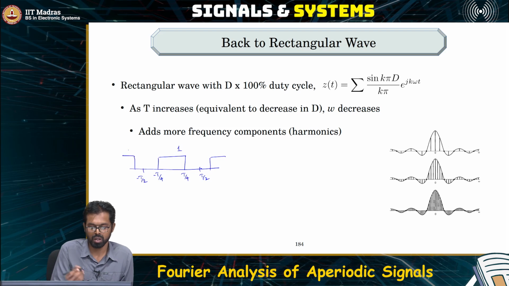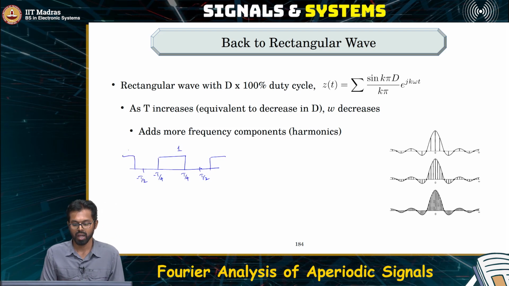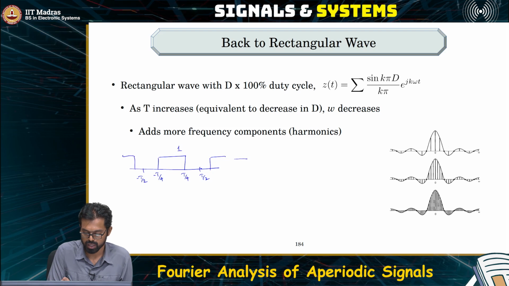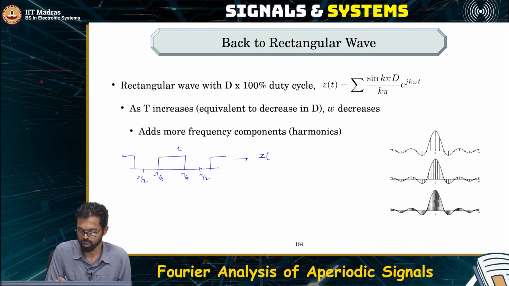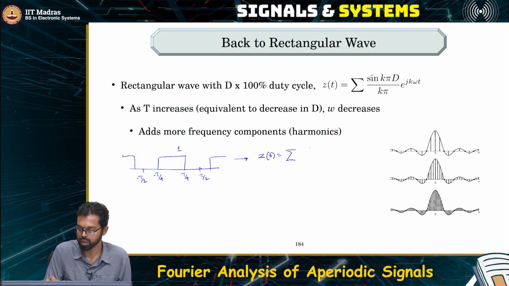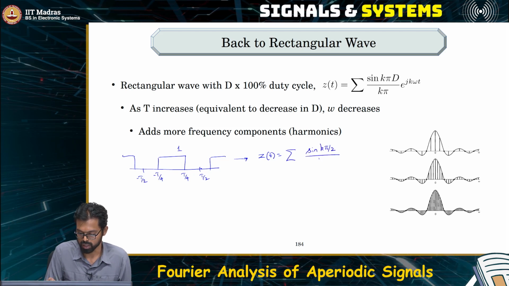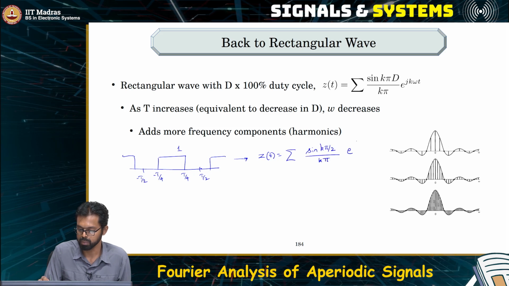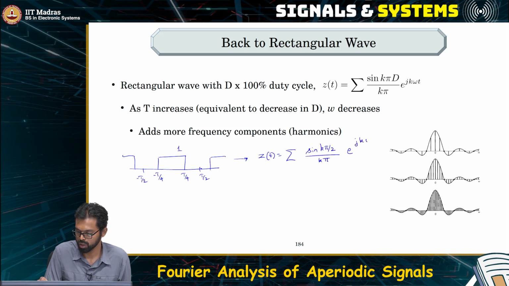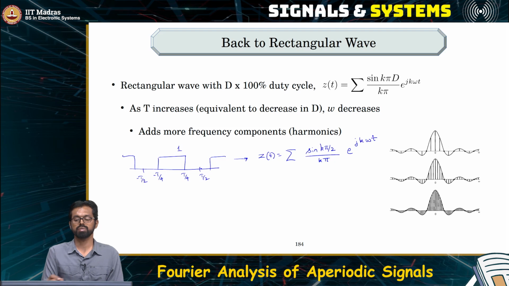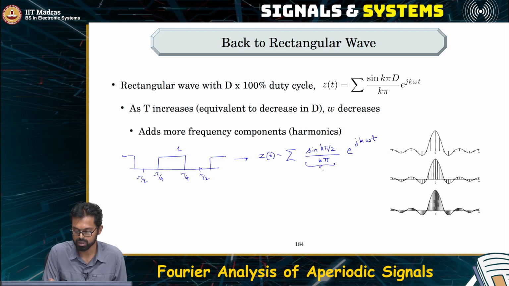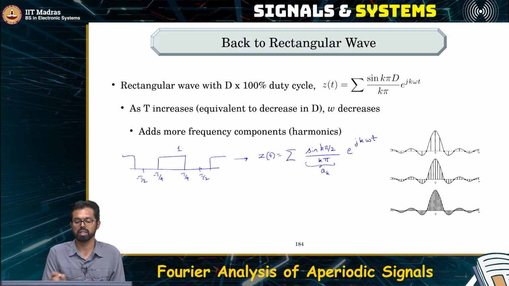When we computed its Fourier series, it had the form sin(k pi by 2) divided by k pi, e power j k omega t. So this was the Fourier series expansion, and these were the Fourier series coefficients for this rectangular pulse.